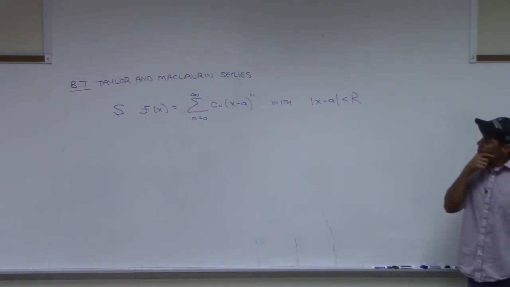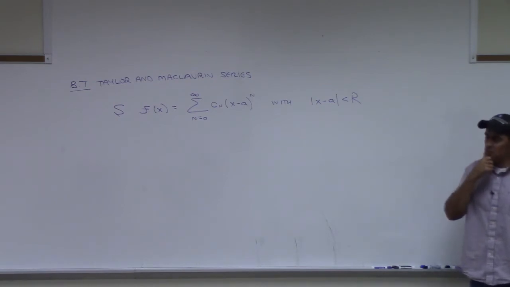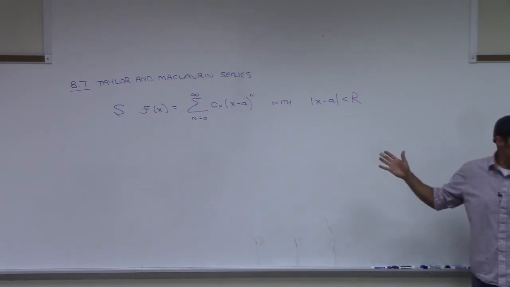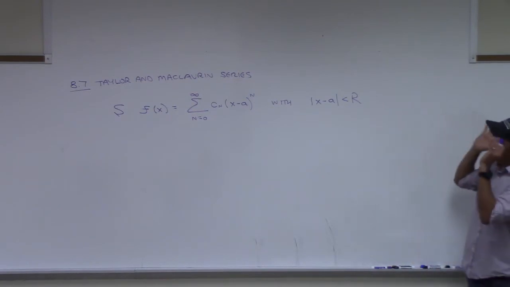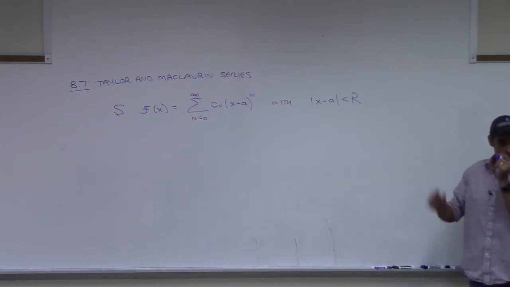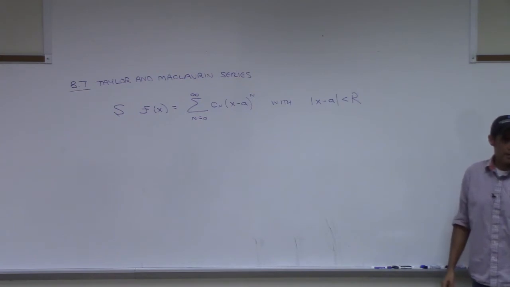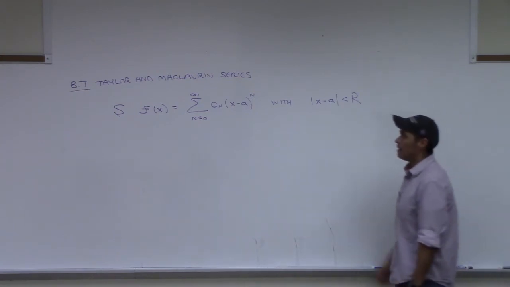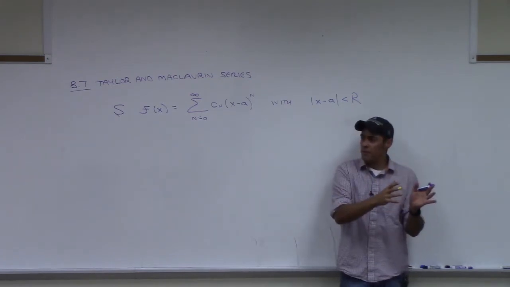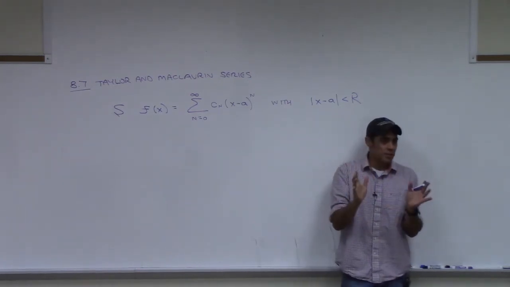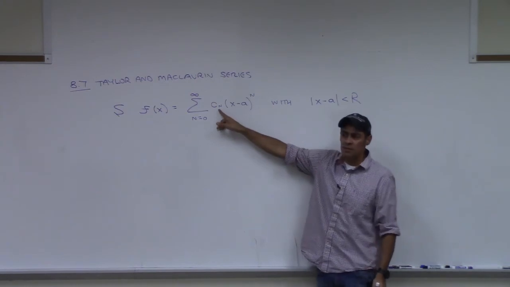So we start out with this idea that we have a function. We've defined a function to be this infinite series, right? A power series. And it has some radius of convergence. So let's just say that we have this power series. The thing that distinguishes one function from another function, there's only one thing that changes, and that is the c sub n's.